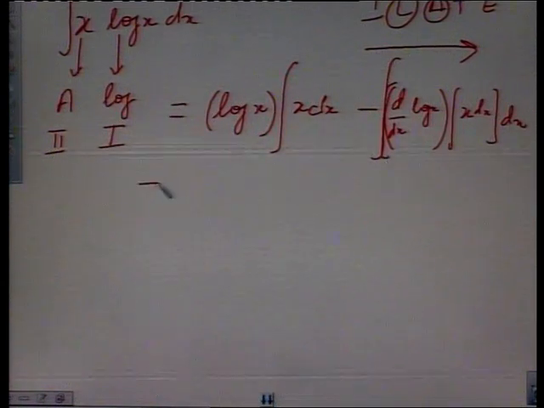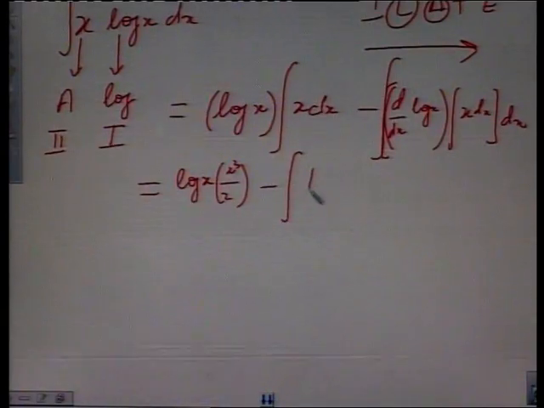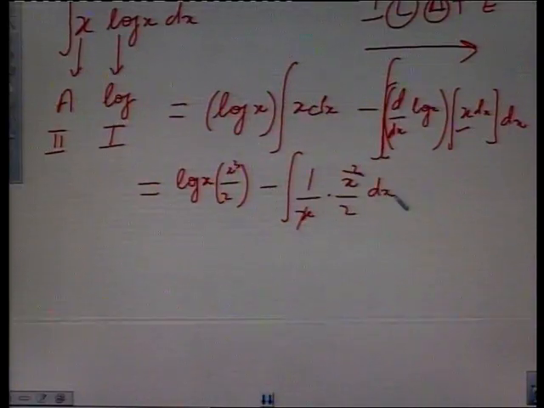So, if you simplify this, this becomes log x, integration of x is x square upon 2, minus, what is derivative of log x? Derivative of log x is 1 by x. What is integration of x? Integration of x is x square upon 2. This x gets cancelled out into dx.